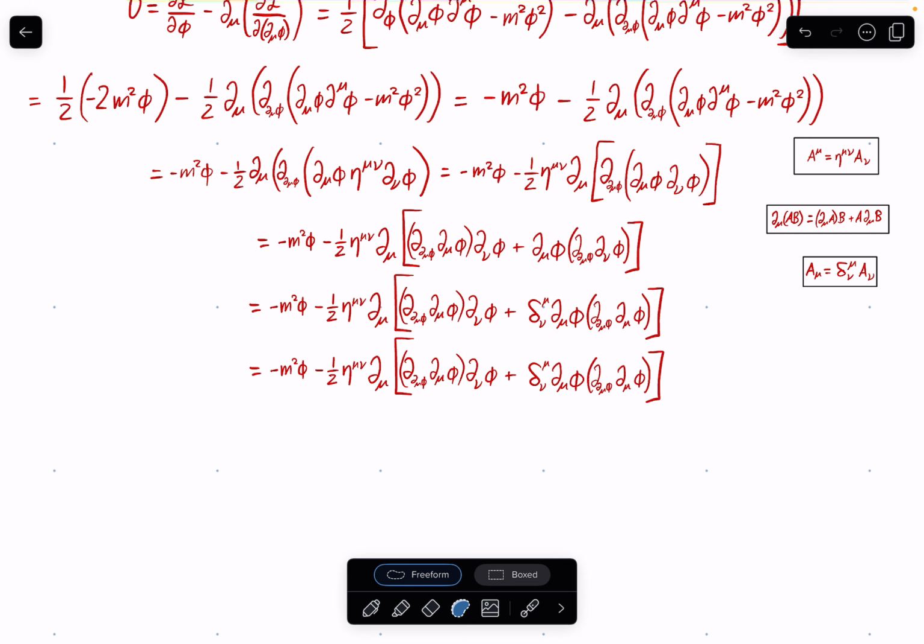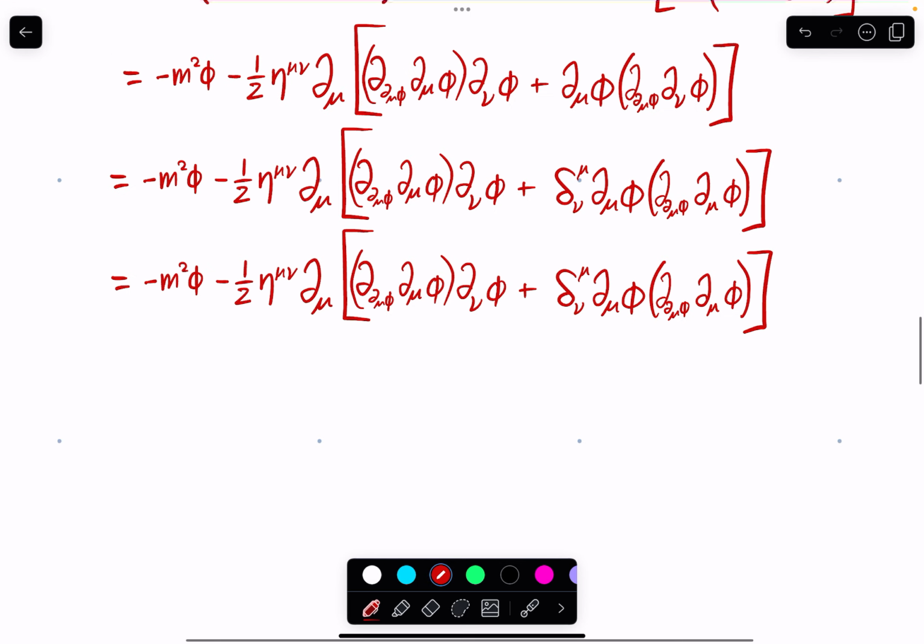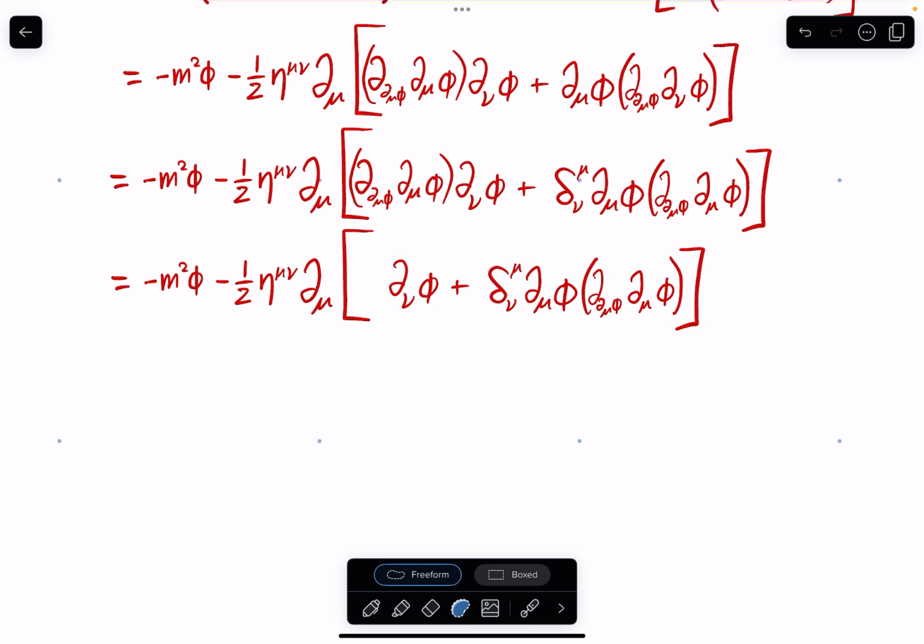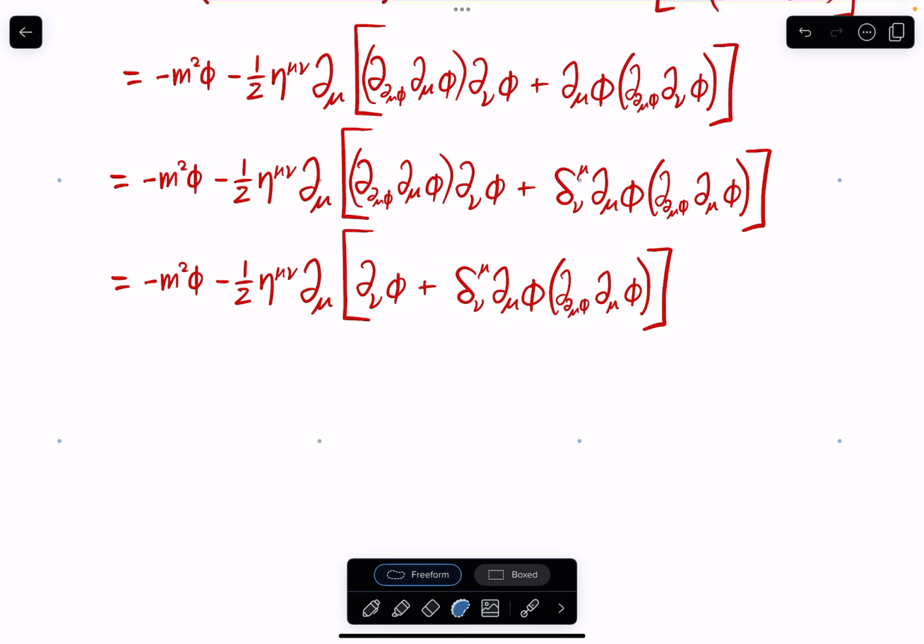And then we can move to the next step and actually cancel out these terms here because the derivatives here just go to 1. We get this plus this just goes to 1.